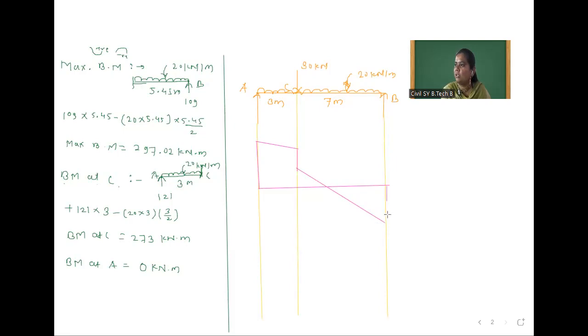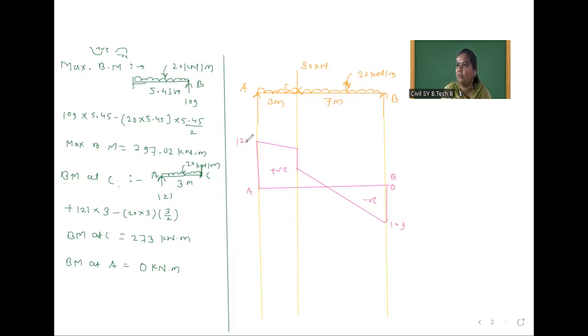So we will close this figure. Okay, so this is the shear force diagram. Here this whole part is plus and this is minus. Here 109, here 0, this is B point, this is A point.